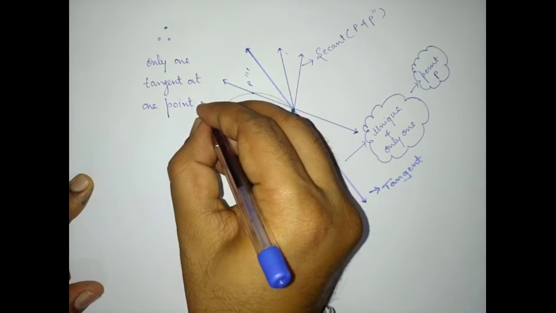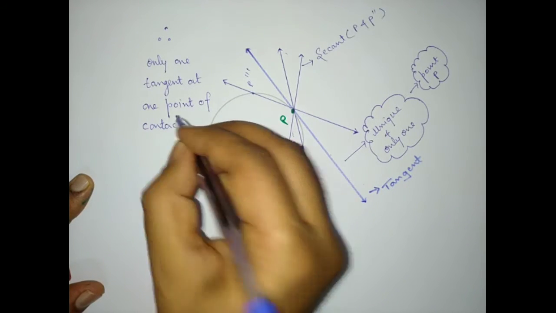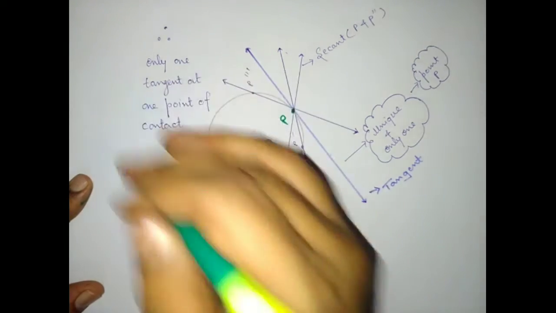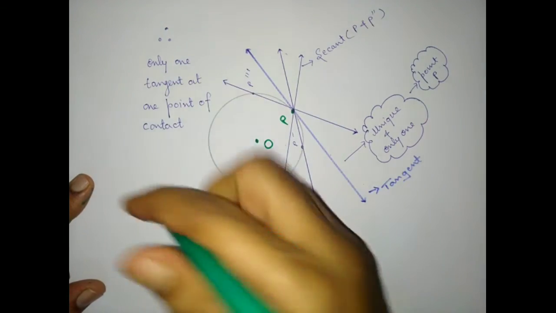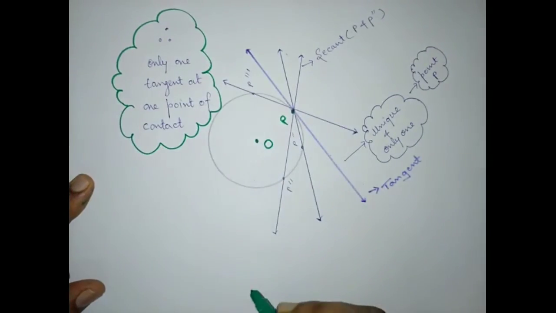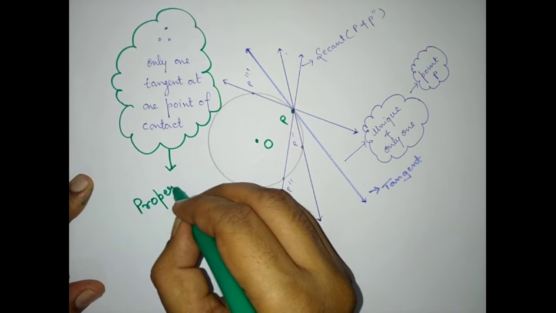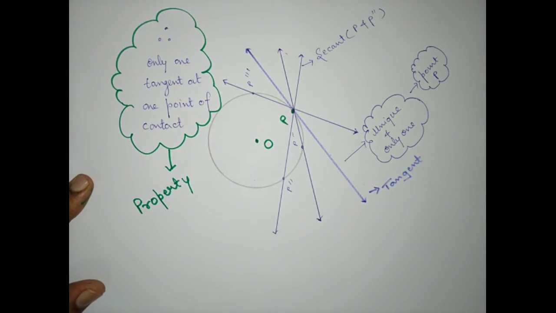This becomes our one property of tangents, which is a very important property. I hope you have understood this property well. Now children, always remember that at a single point of contact, there is one tangent.